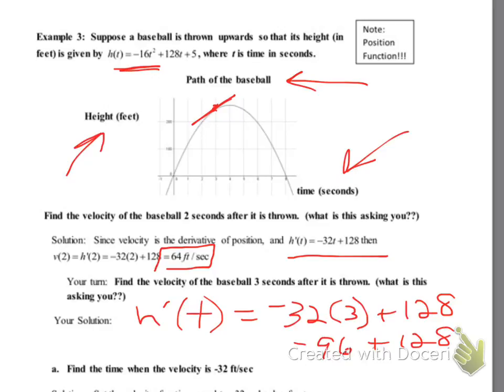So I am getting 32 feet per second for the velocity at time equals 3. So make sure you understand that. Okay, now we're going to go to another question where instead of asking you the velocity, I tell you the velocity and ask you for the time at which that velocity occurs. So we'll do that on the next page of these notes.